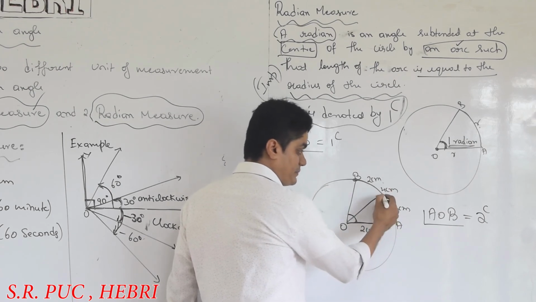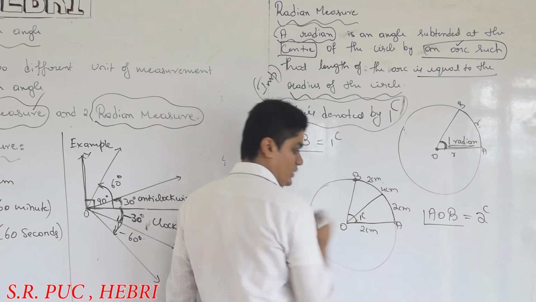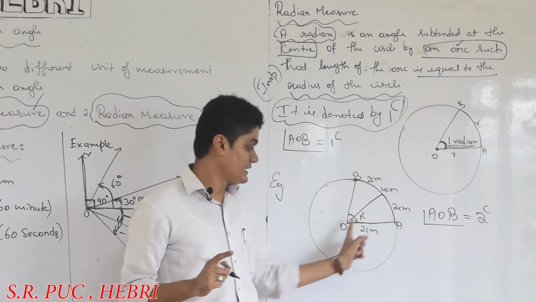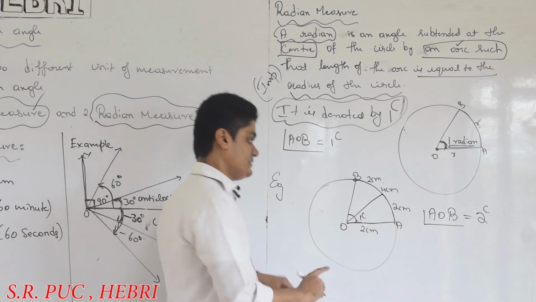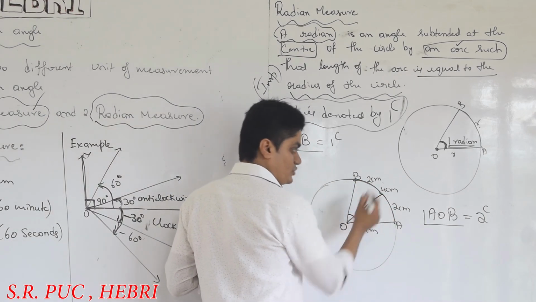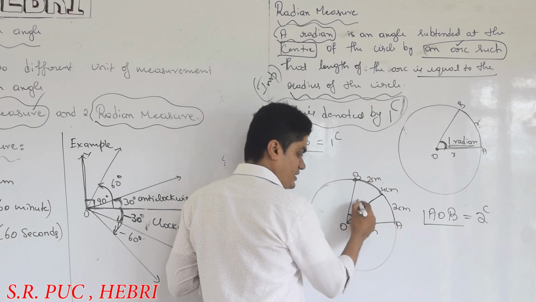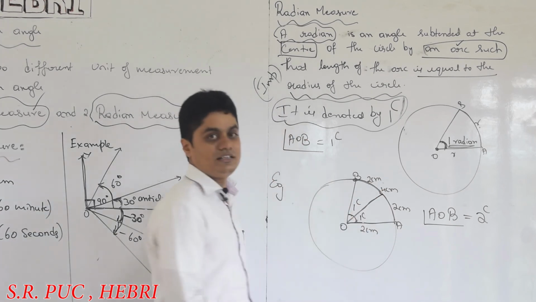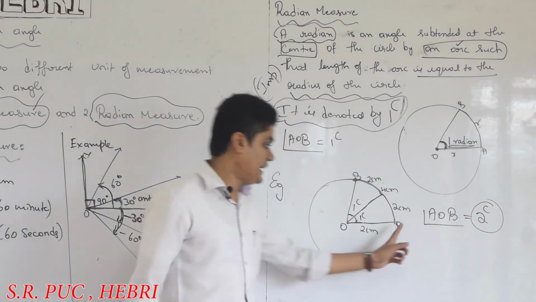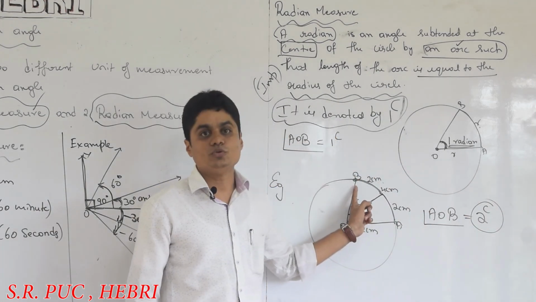So what is the angle subtended by this arc at the center? 1 radian, right? According to the definition, the angle subtended by this arc at the center is 1 radian. Similarly, this is also 2 centimeter, the radius is also 2 centimeter, so the angle subtended by this arc at the center must be 1 radian. So what's the total? 2 radian. So according to the definition, angle AOB is 2 radian.